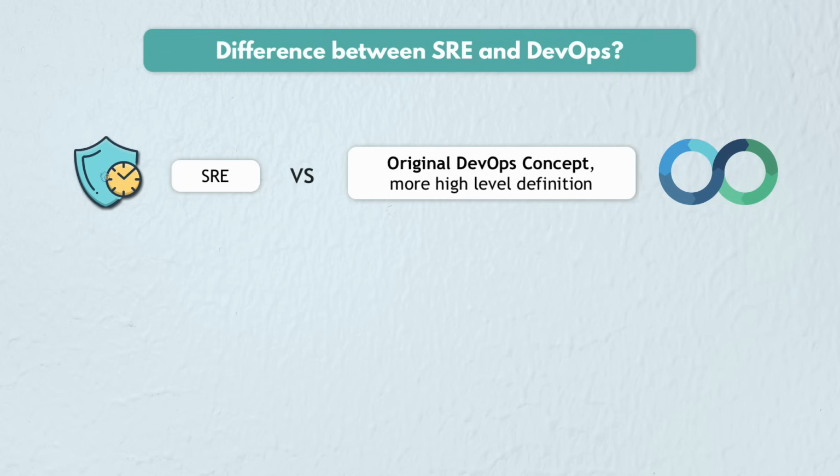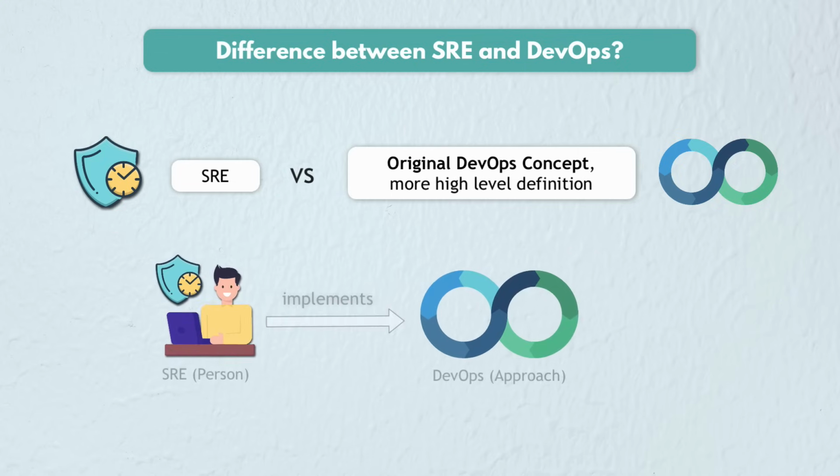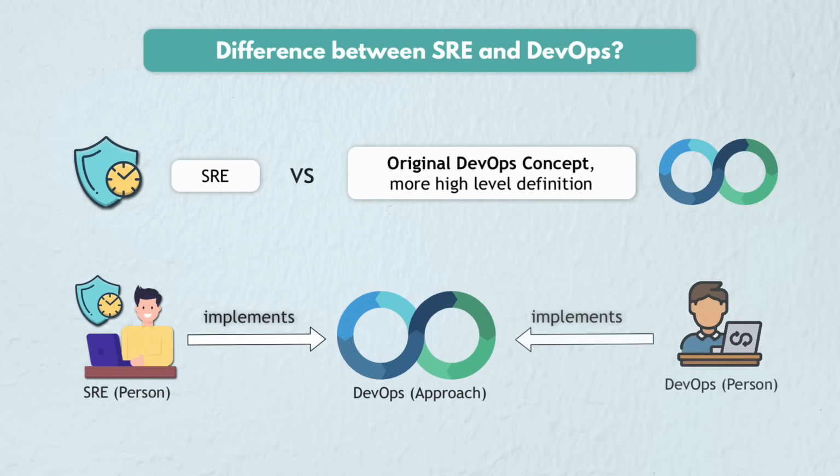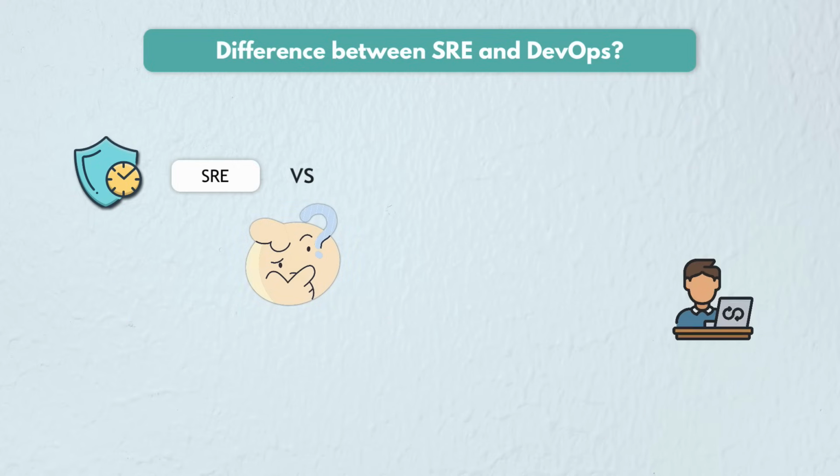So many people would say that SRE is a specific implementation of the DevOps concepts. But as you saw in my What is DevOps video, DevOps itself also became more practical with its own role and specific technologies and ways to implement it. So what's the comparison here?